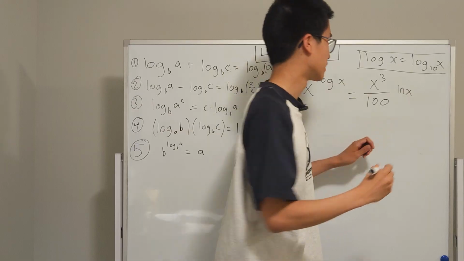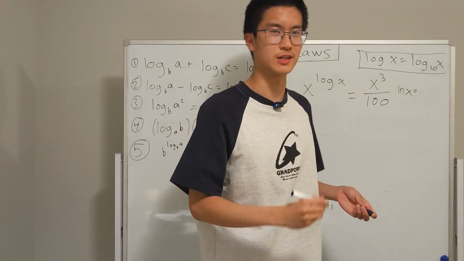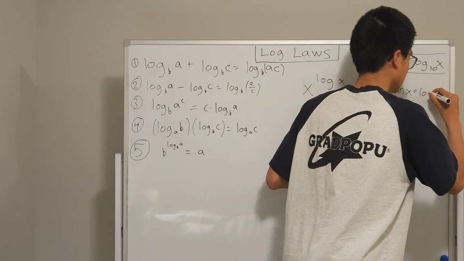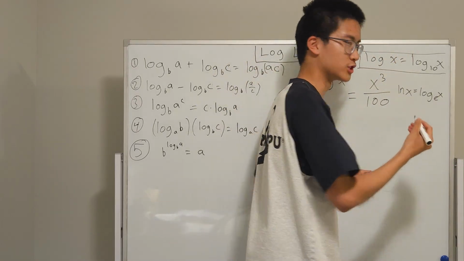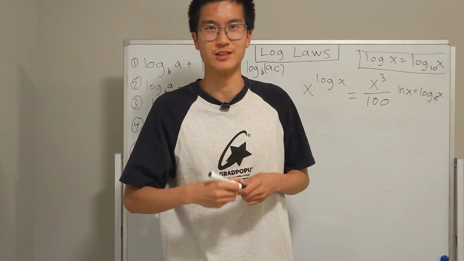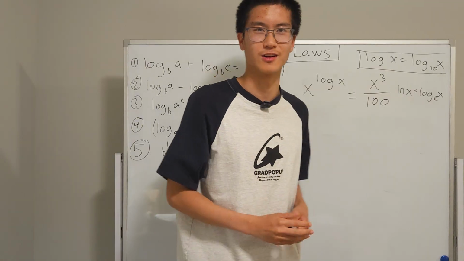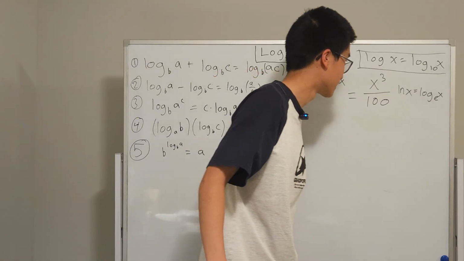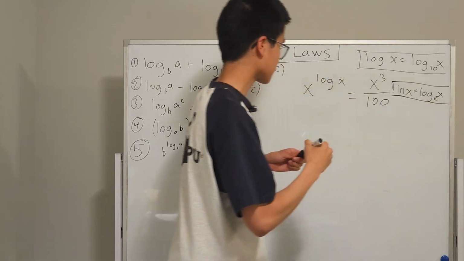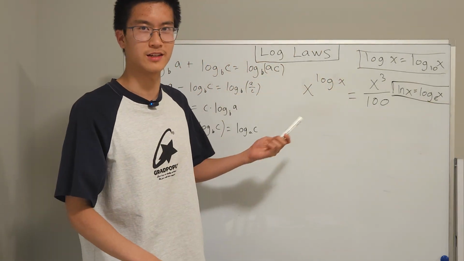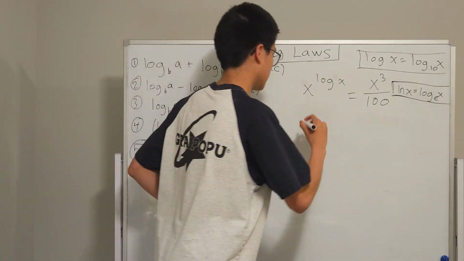What does this mean? This basically implies that b equals e, and e equals 2.71828 and so on. This is a famous constant in mathematics. So this is another thing right here. Okay, but now we're going to take the logarithm of both sides.